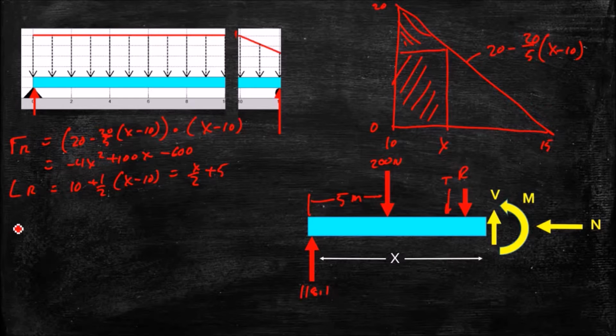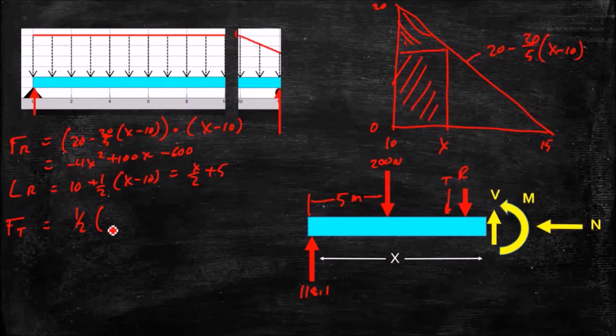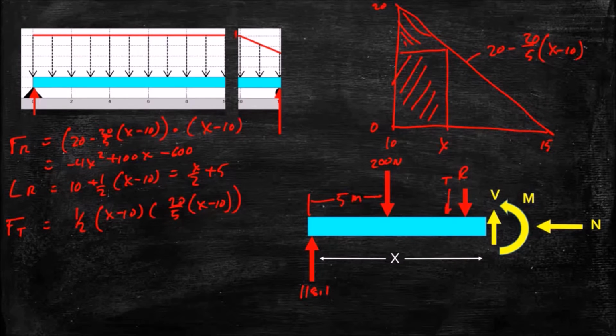For our triangle, force from the triangle equals, for a triangle, 1/2 the base, which is x minus 10, times the height, which is 20 over 5, times x minus 10, again from the equation of that line. And again, I would encourage you to work that out for yourself and make sure I got it right, because you know what?